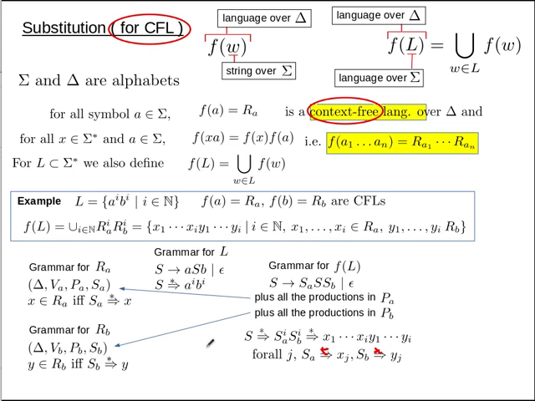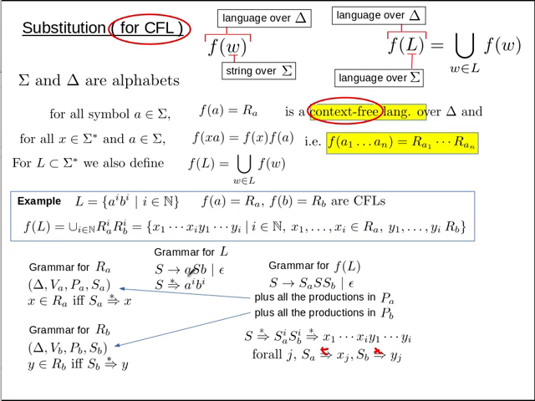So what is the idea here? Whatever language you take here, it has some alphabet. This alphabet is sigma, right? Whatever alphabet you have here, we take the productions for this language L and replace them so that each symbol is replaced by the start symbol of the corresponding language.